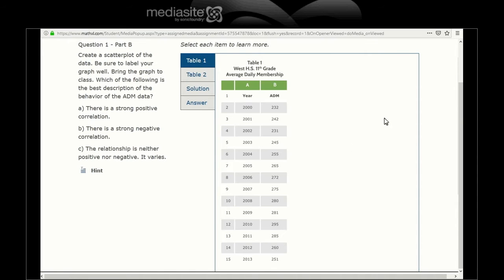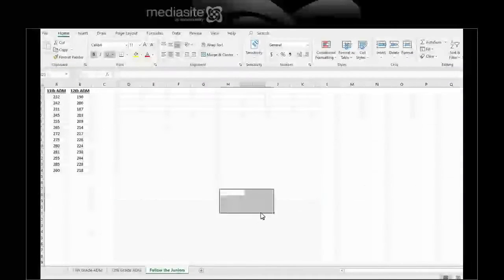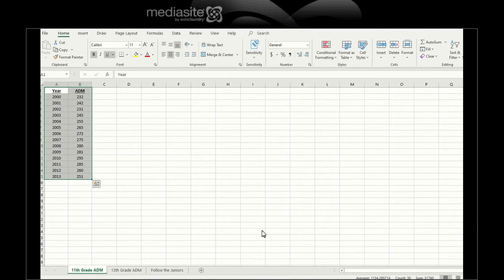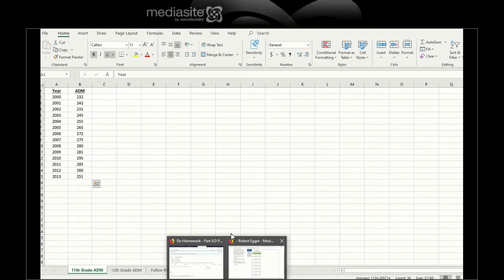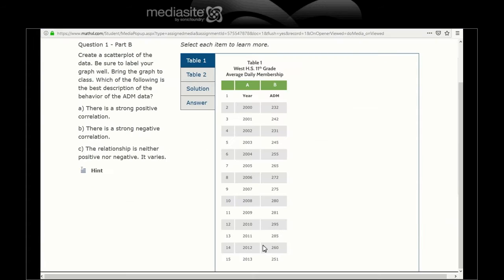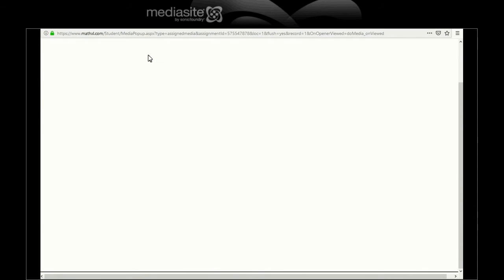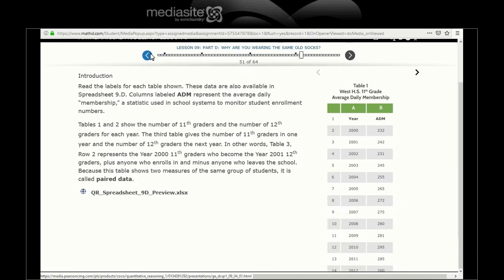Personally, I think let's go to Excel now because we're going to want to graph this. Oh, by the way, I kind of skipped this part. Somewhere in here would have been the ability to get that spreadsheet. Just click on this and you'll get this.